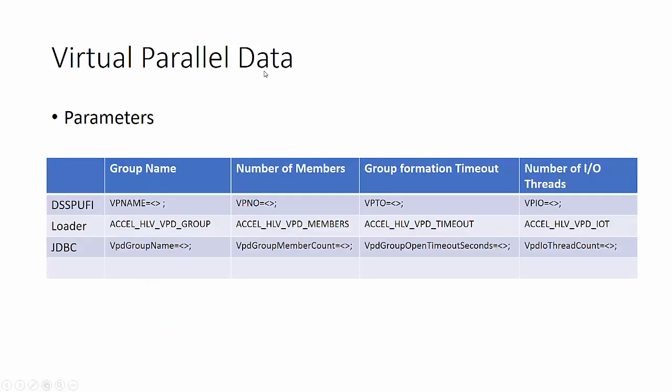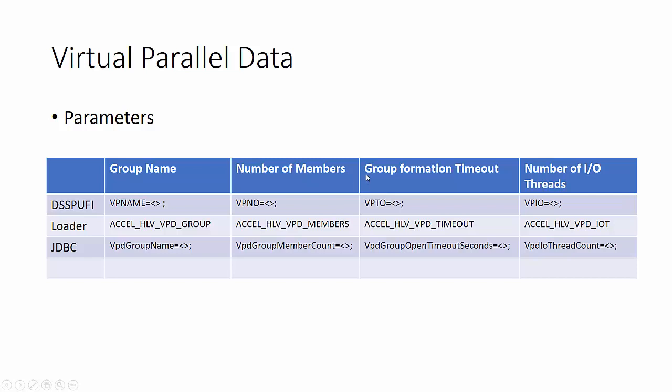When you talk about virtual parallel data, you have some parameters that are defined, and this table shows the specific parameter names that are defined for DS Spoofy, the loader, and JDBC. The first of which is what you would call a group name. And then you define how many members are going to be in the group.